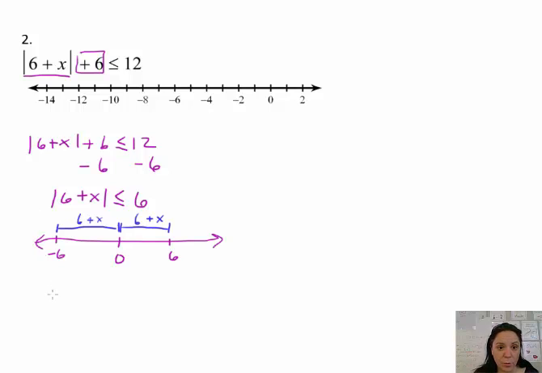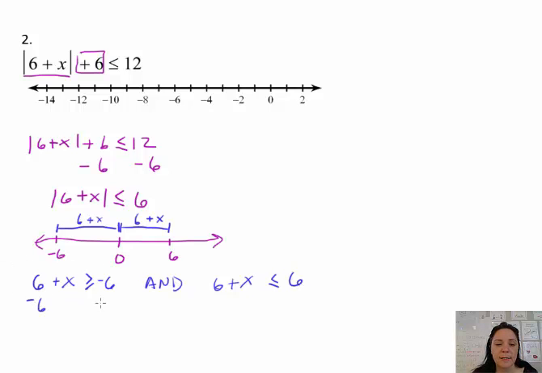So let's set up our inequalities to solve here. We have 6 plus x is greater than or equal to negative 6, and 6 plus x is less than or equal to 6.